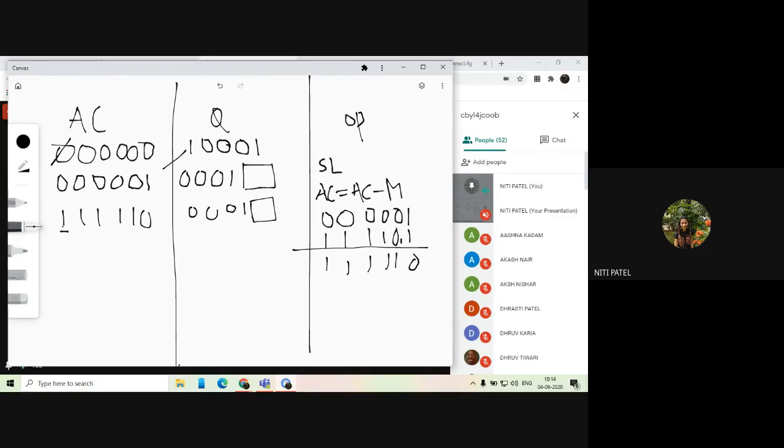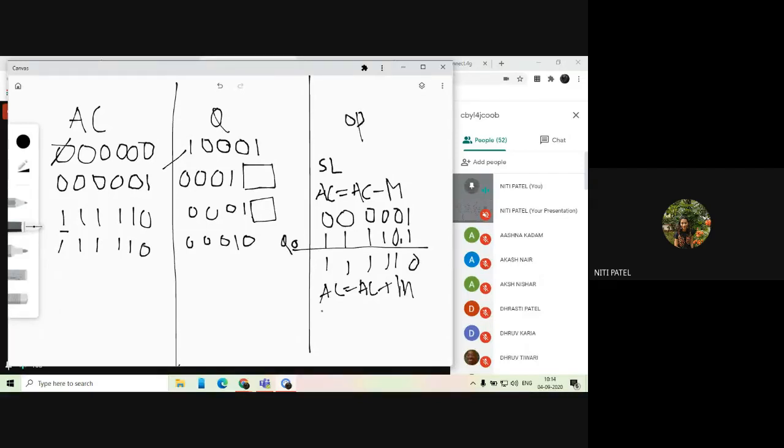So since this is 1, the value of Q0 will be 0, correct? After this, I have set the value of Q0 over here. Now I will do AC equals AC plus M.